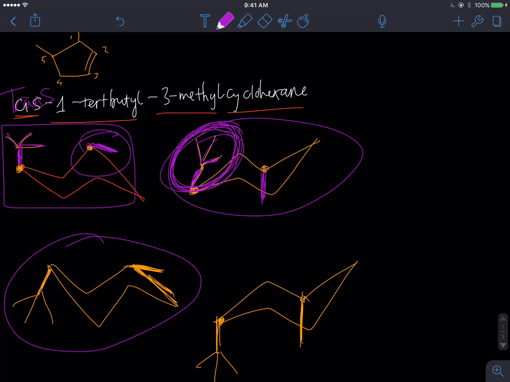You can say more priority, or maybe it should be more molecular weight. Yeah, more molecular weight, not more priority. The priority is only used for R and S. Be careful at that point.